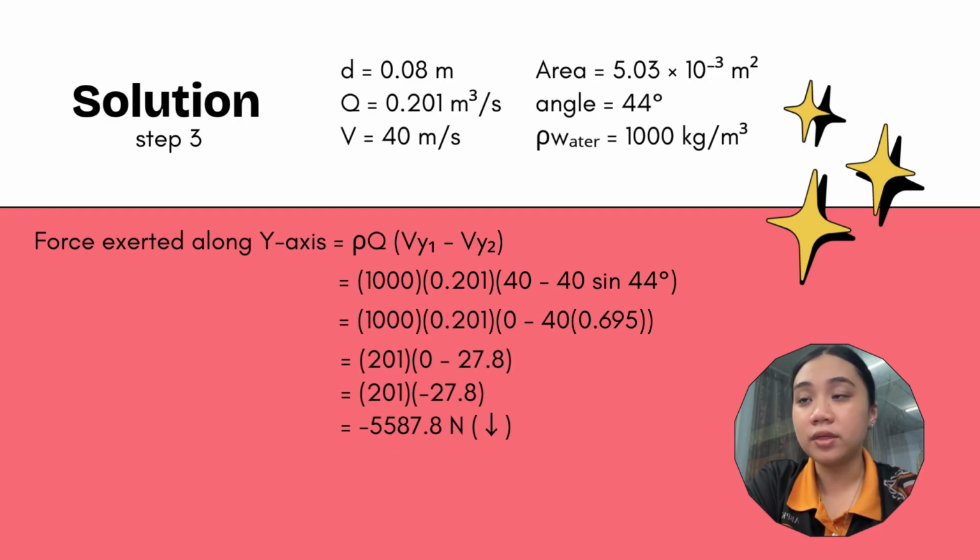The result is 1000 times 0.201 is 201, and then you will times it with 0 minus 27.8, and the result you will get is negative 5,587.8 Newton. So to summarize, the vertical force acting on a jet is 5,587.8 Newton downwards. This means the water exerts a strong downward push due to the change in the vertical velocity component.